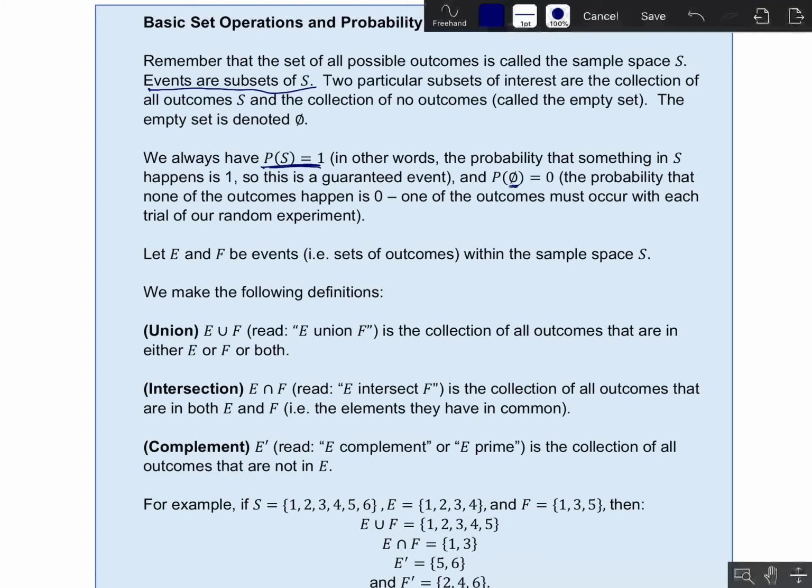And we're always going to have that the probability of the empty set is equal to 0. That just means that one of the outcomes in your sample space has to occur, assuming that you've designed everything correctly. So you can't have the probability of nothing happening equal something non-zero. The probability that nothing happens, or in other words, the probability of the empty event, has to be 0.